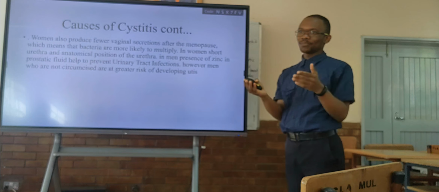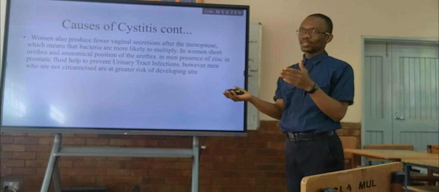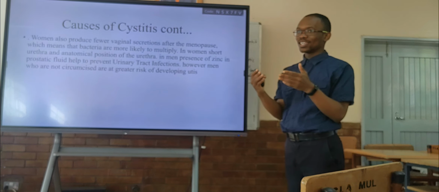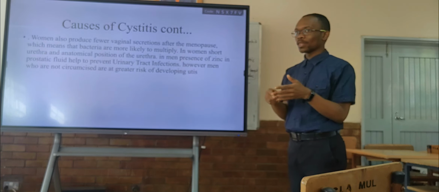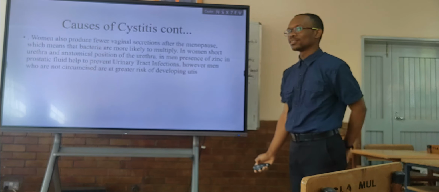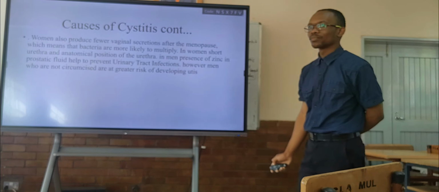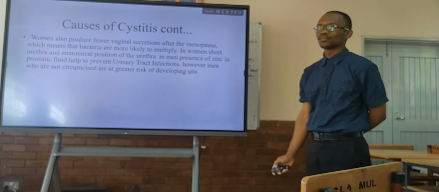But they can also acquire infections through sexual activities or lack of hygiene. Lack of hygiene inside there, what we call cystitis, means it will just continue to accumulate if you don't clean it. So if they accumulate, then they will enter the rest.